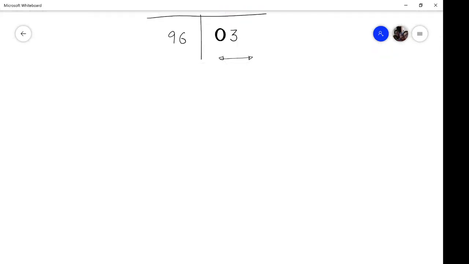Let us take 91 and multiply this by 97. How much is 97 deviating? It is deviating by minus 3, and 91 is deviating by minus 9 from the base, which is 100.